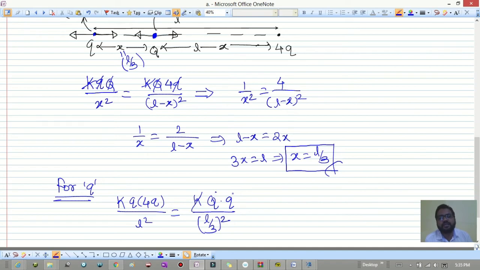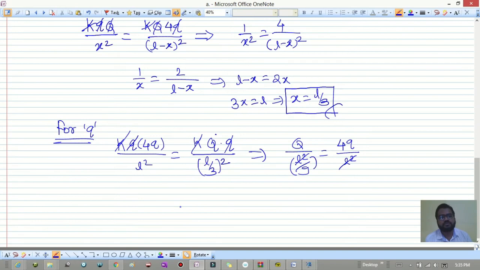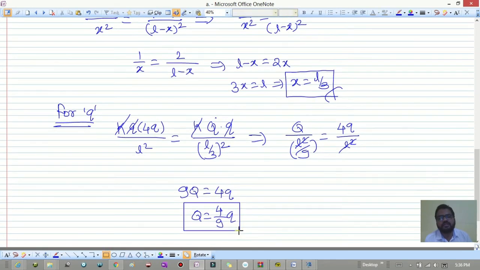So k and small q get cancelled. From this, Q divided by L squared by 9 is equal to 4q divided by L squared. So L squared gets cancelled, and 9 capital Q is equal to 4 small q. Capital Q we have is 4 by 9 small q.